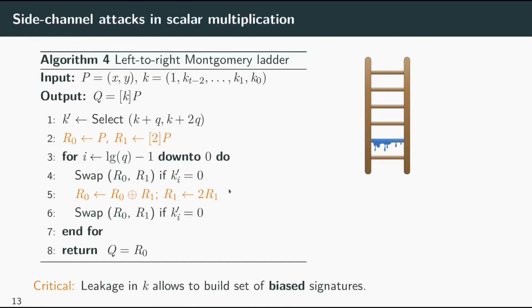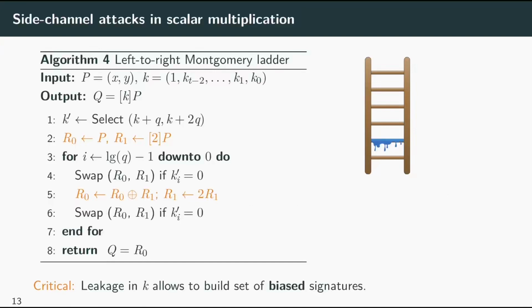For example, if the value R1 here can be distinguished by an attacker as being stored in affine coordinates, this leaks information about the points being swapped or not, which further leaks information about a bit of the scalar. The same observation applies to the point addition here that might take R1 in either projective or affine coordinates.